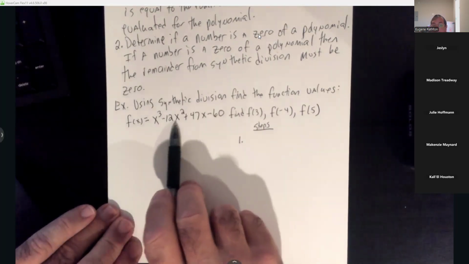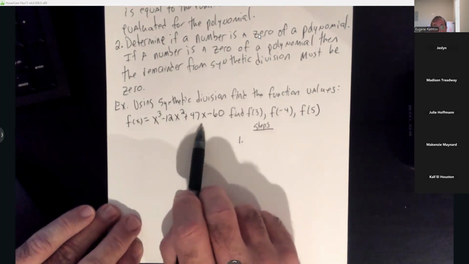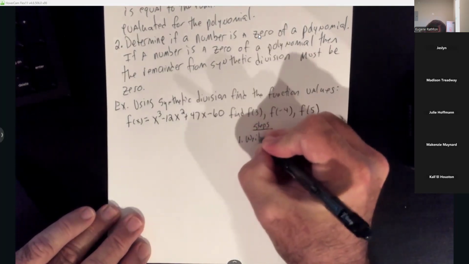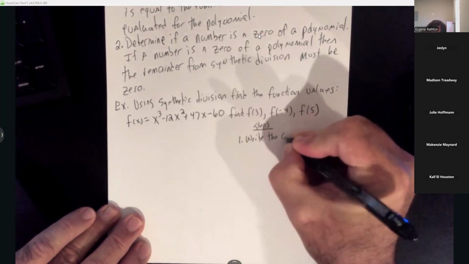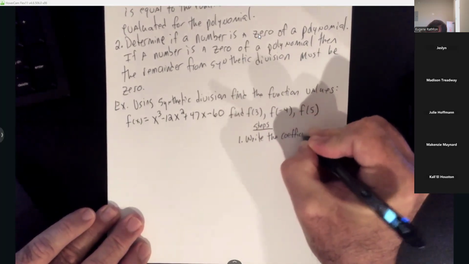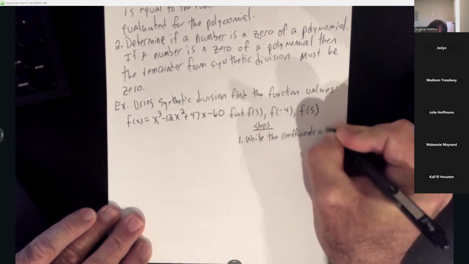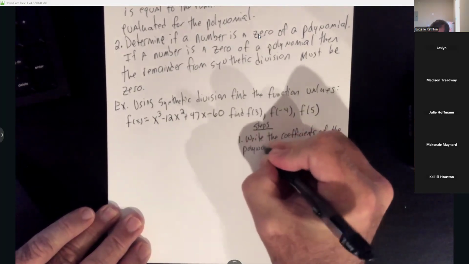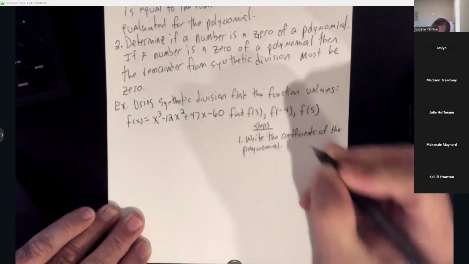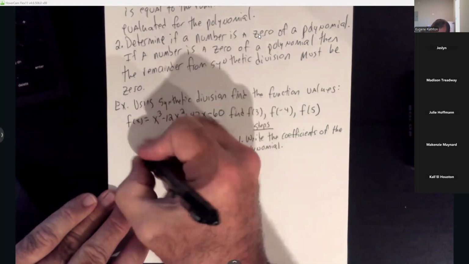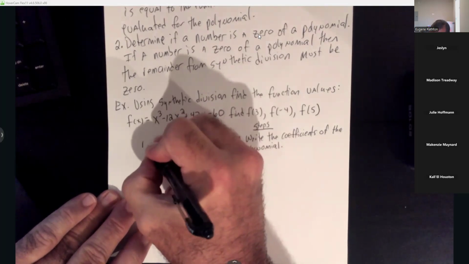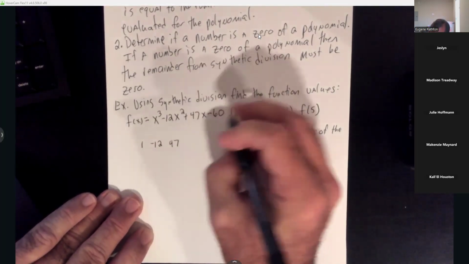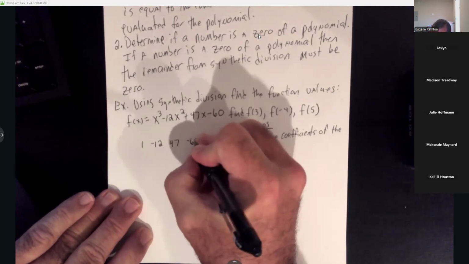Now, this one, I'm not missing anything, so I don't have to add any zeros. So my first step, write the coefficients of the polynomial. All right, y'all, so my coefficients are 1, negative 12, 47, and negative 60.